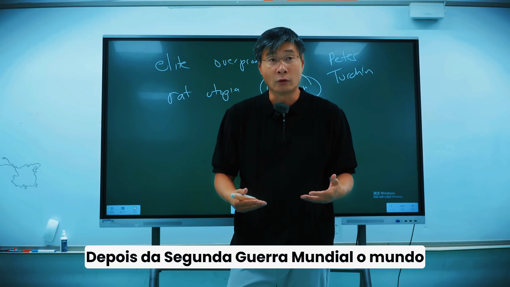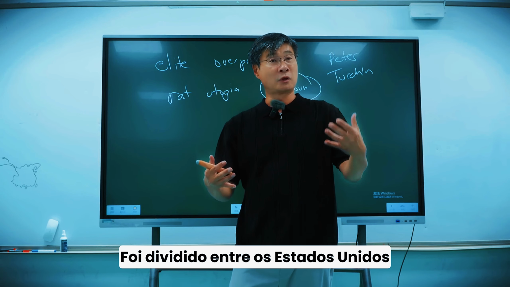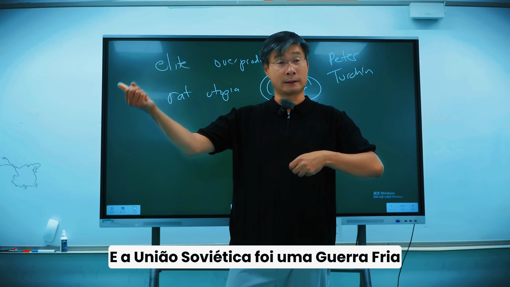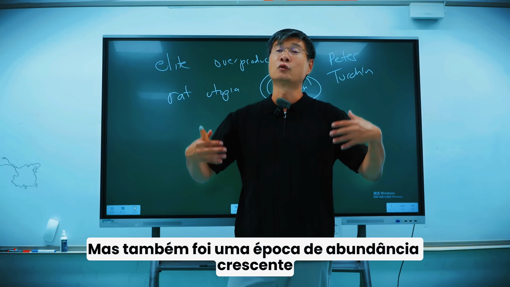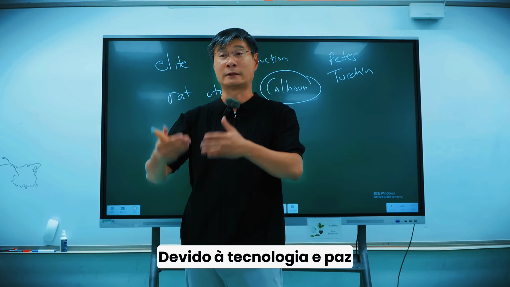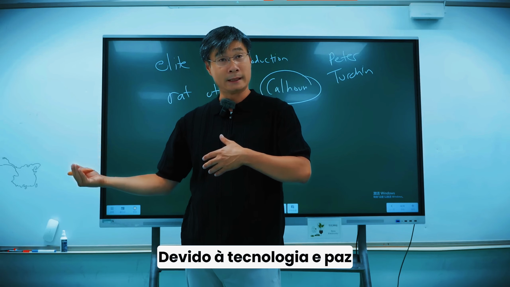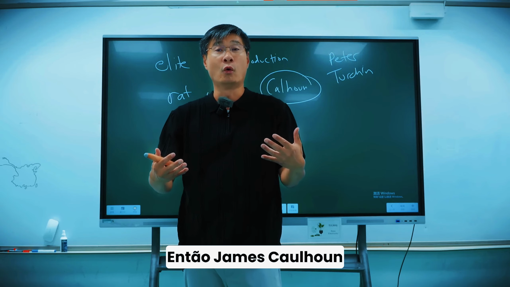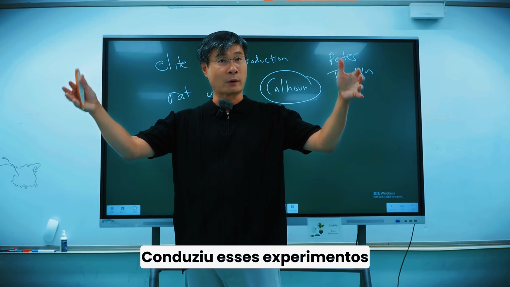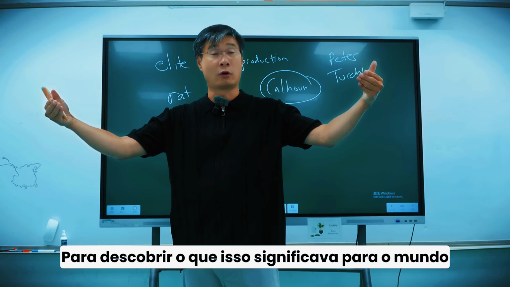After World War II, the world was divided between the United States and the Soviet Union. It was the Cold War. But it was also a time of increasing abundance due to technology and peace. And the population was increasing.